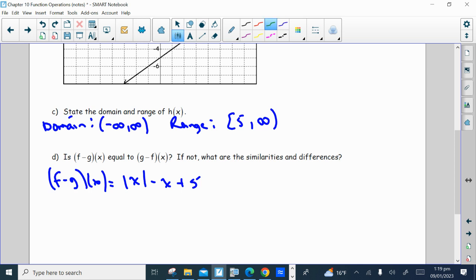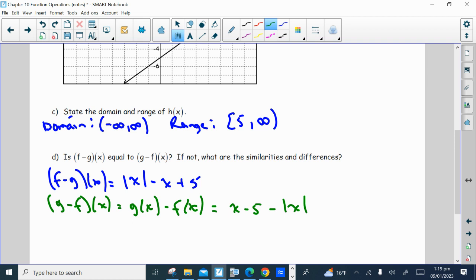Okay, but what about g take away f at x? So that would be g at x take away f at x. g is the equation x take away 5. Take away f at x, and you see we don't really need brackets there because there's only one term.